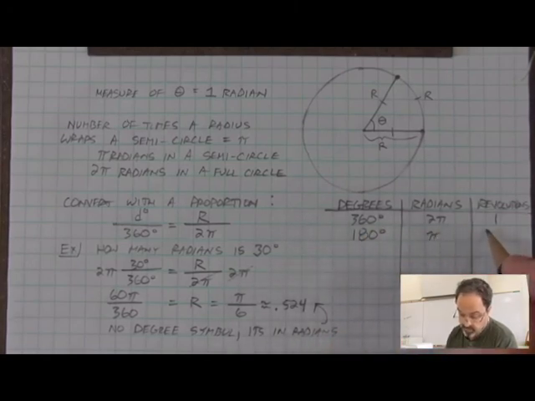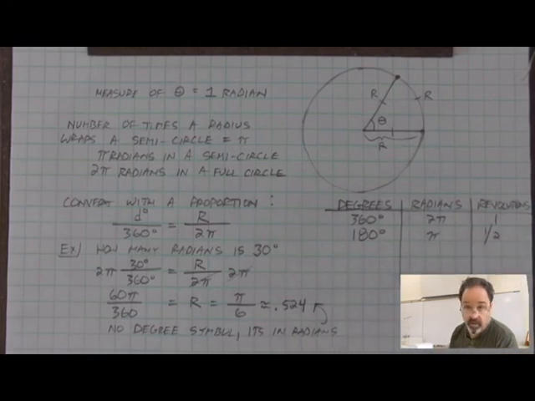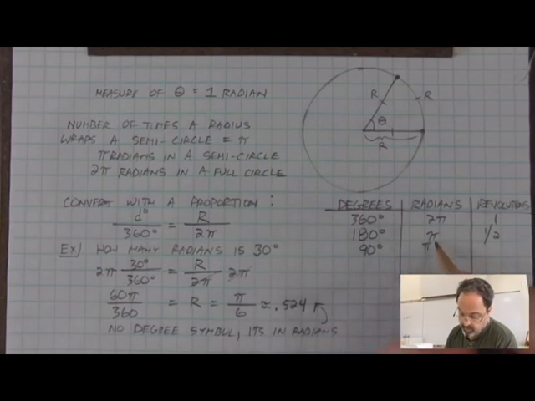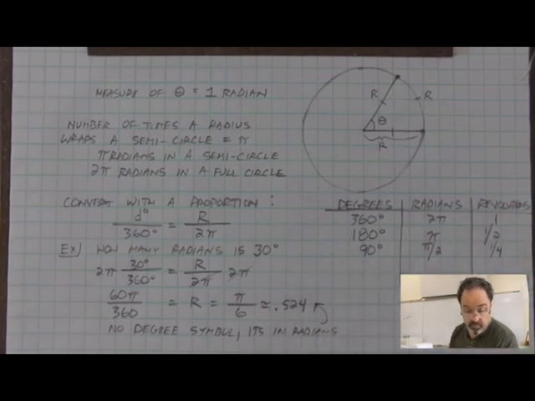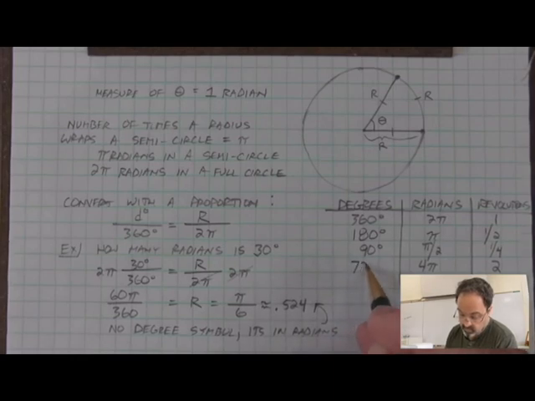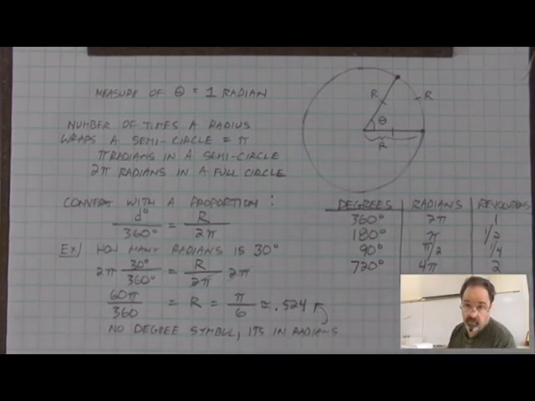That's equivalent to pi radians, which is 1/2 of a revolution. Another common angle in degrees is 90. That's equivalent to pi over 2 radians, which is 1/4 of a revolution. And for the sake of remembering that we can measure angles that are greater than a full circle, 2 revolutions is 4 pi radians, or 720 degrees. These are just a few common conversions of 3 ways that we can measure angles.